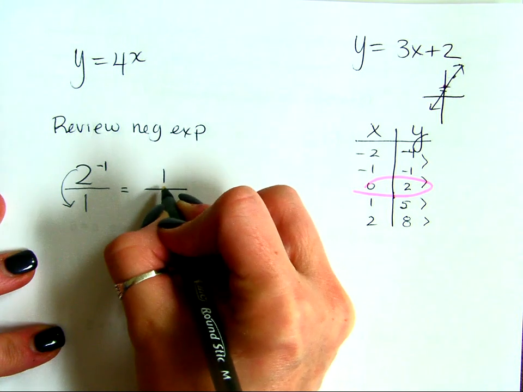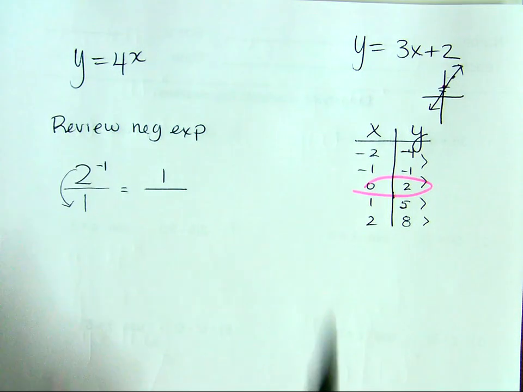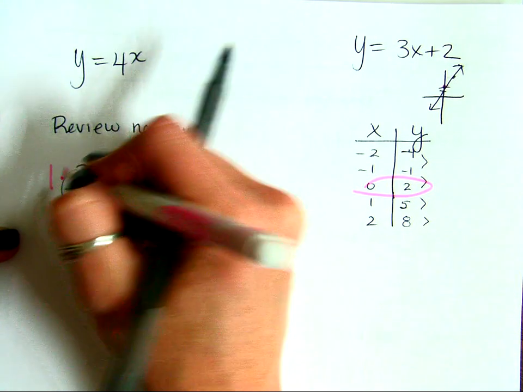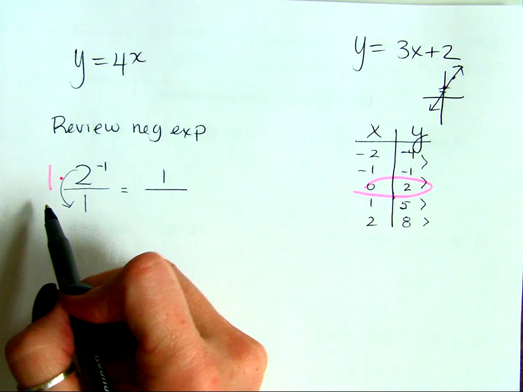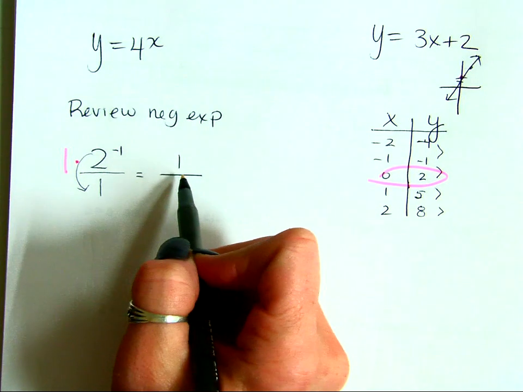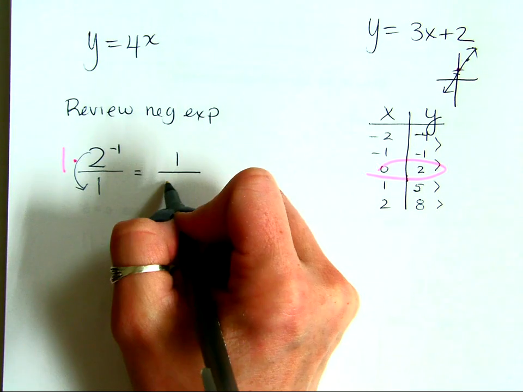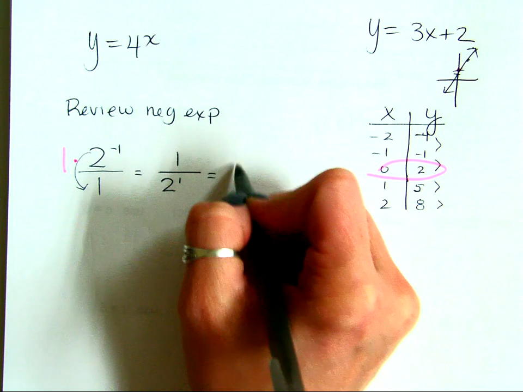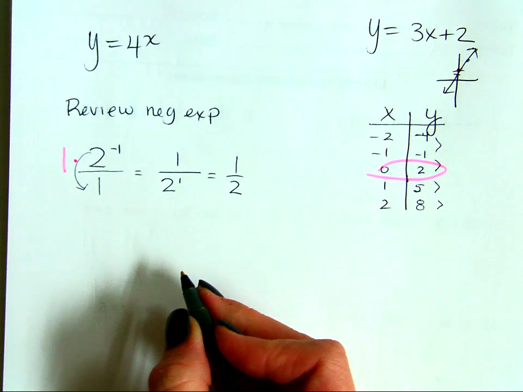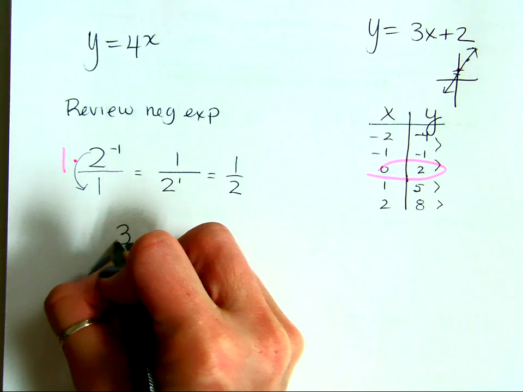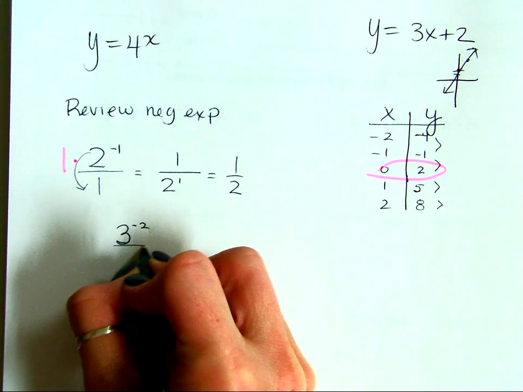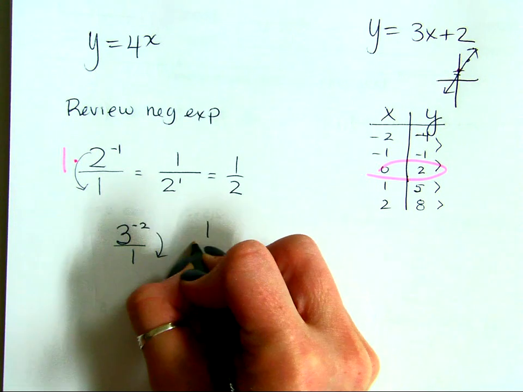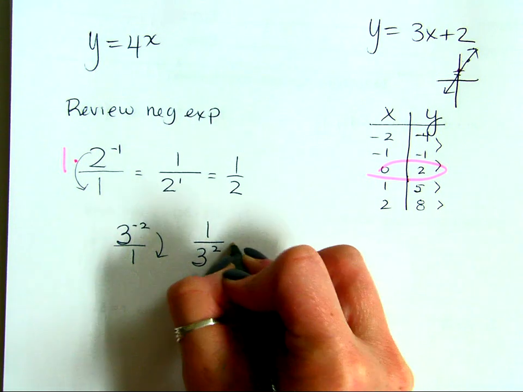Remember the guy in the notes? He actually put a times 1 there, which is a great reminder that you can't just leave it. You have to have that numerator there. And now this is 2 to the positive first power. Another example: 3 to the negative 2 power is the same as 1 over 3 to the positive 2 power. So that's 1/9.